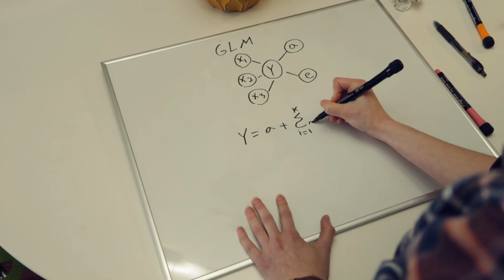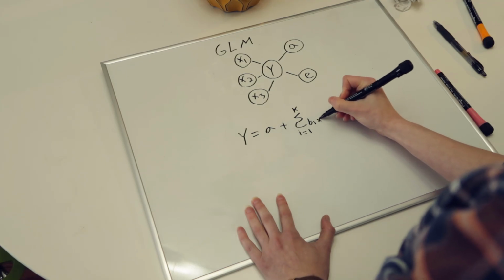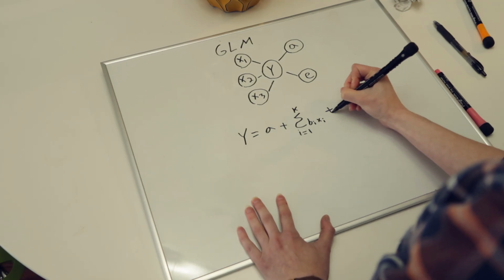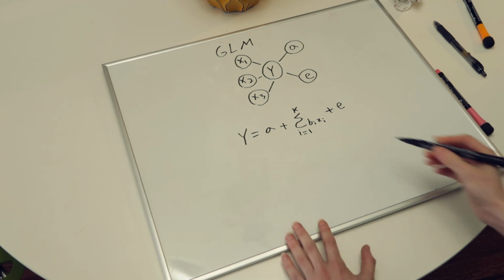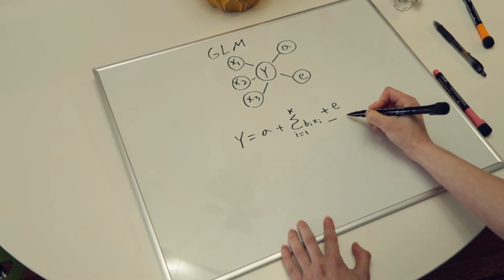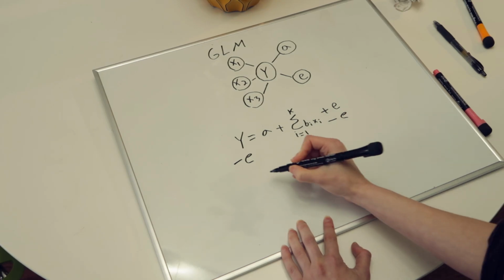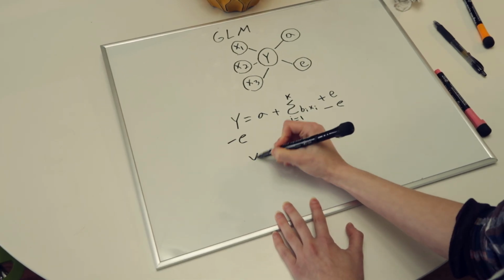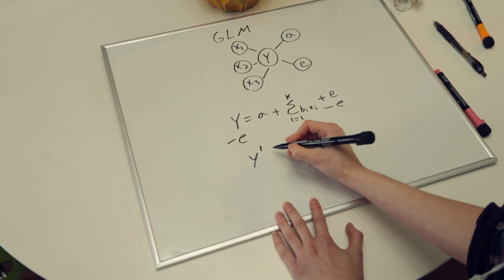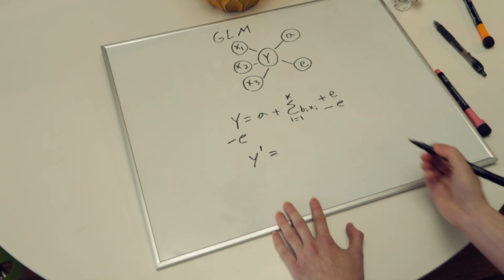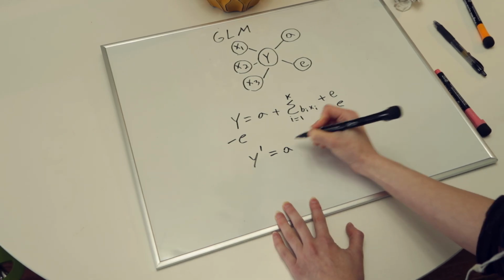So that would be like b_i x_i plus our error, or if we're going to remove the error, which we often do, then the equation algebraically becomes y prime, which is our predicted y based on x.